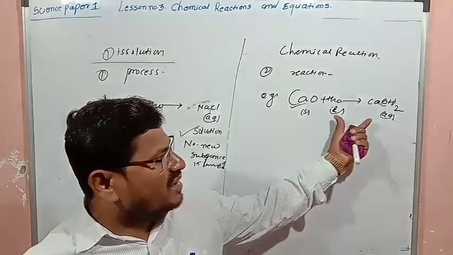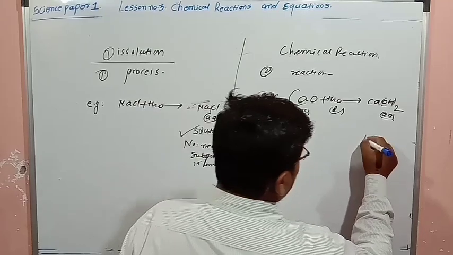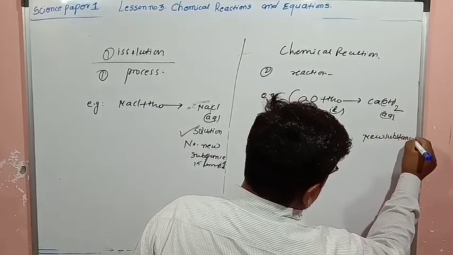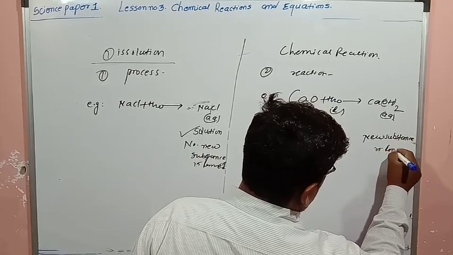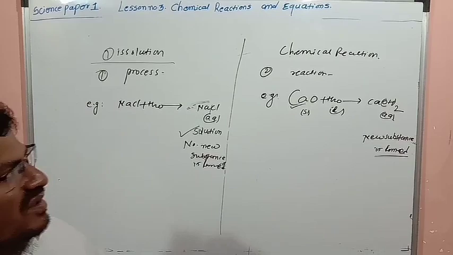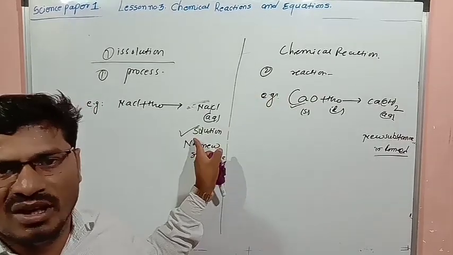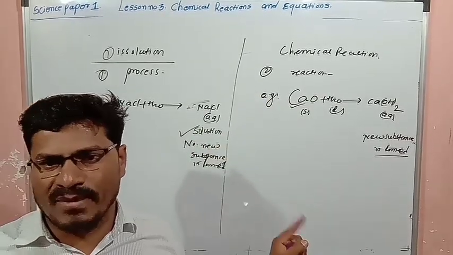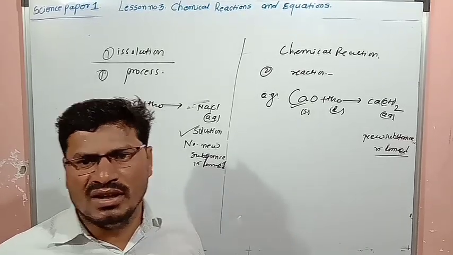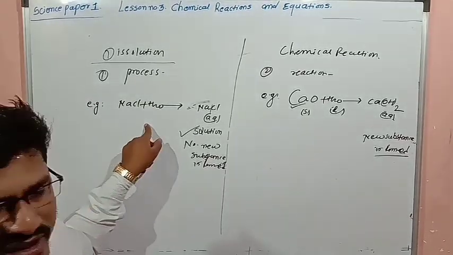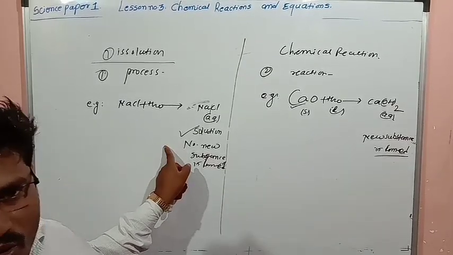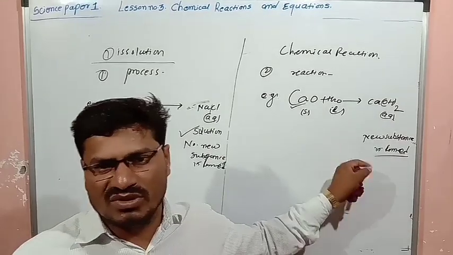So in a chemical reaction, a new substance is formed. This is a chemical reaction, and this one is a dissolution process. So dissolution and chemical reaction are different. In dissolution, a new substance will not always be formed, but in a chemical reaction a new substance is formed.